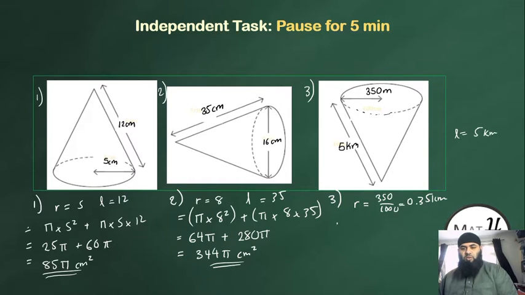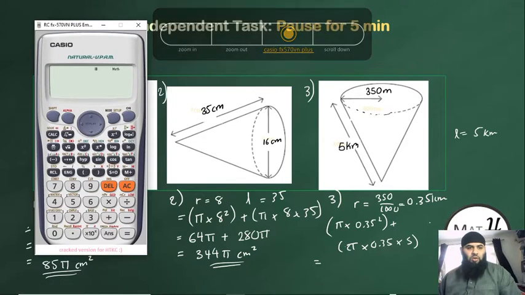So let's plug into the equation. Pi times 0.35 squared, brackets, plus pi times 0.35 times the length, which is 5 kilometers. Now when I want to put it into the calculator, I'll get the following.